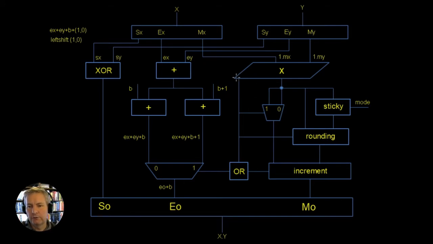And you can see that I've drawn that in here. We've got the 48th bit of the multiplication in here, and it comes down. One copy goes into the exponent, which we've talked about already, but another copy goes into this multiplexer here, and it'll choose either this value here or this value here.